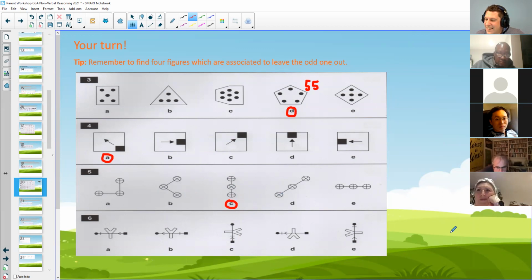Okay, so the answer was B. Because the arrow is always pointing to the black dot, while the others, the dash is towards the black dot, while in B, the arrow is close to the black dot. Brilliant. Yeah, thank you very much. Exactly that.